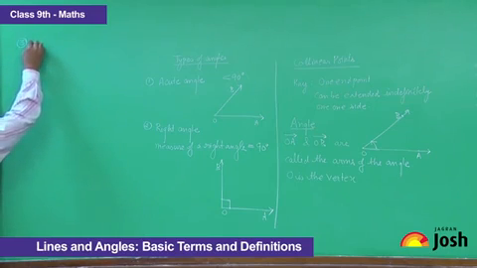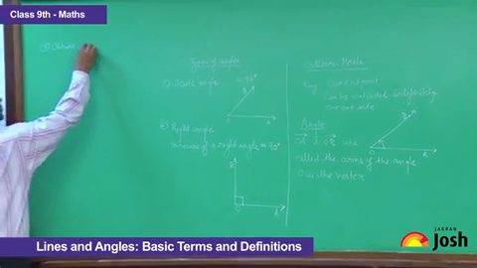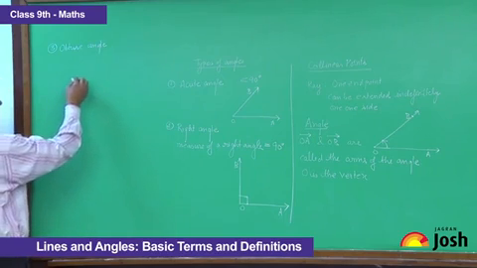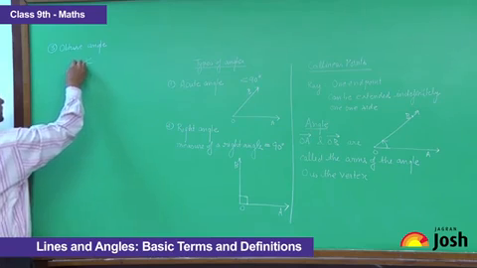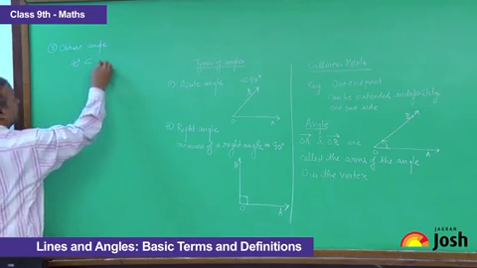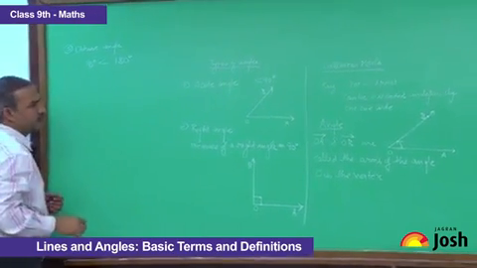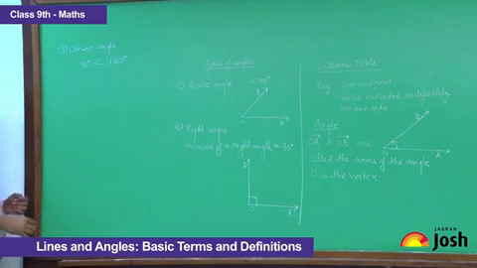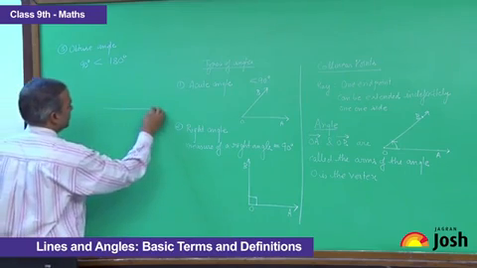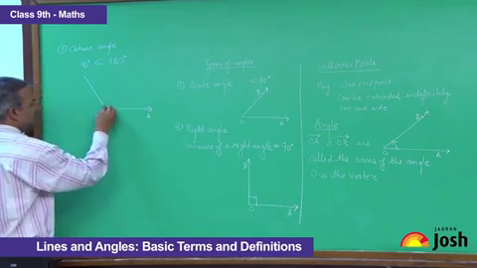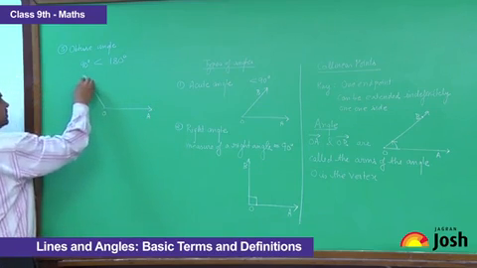The third is obtuse angle. If the measure of the angle is greater than 90 degree but less than 180 degree. When the measure of the angle lies between 90 and 180, it is known as an obtuse angle. And this is an obtuse angle.